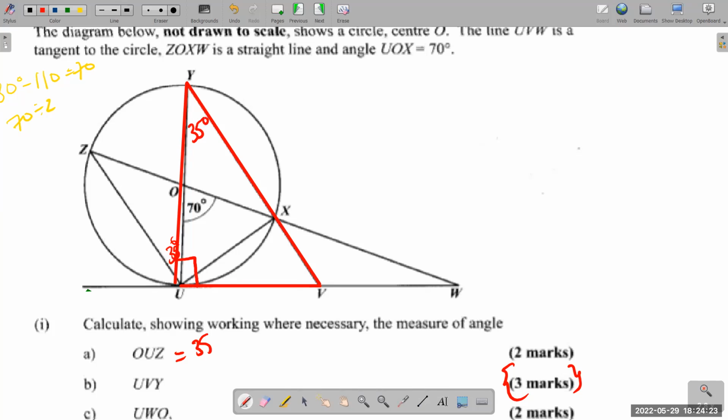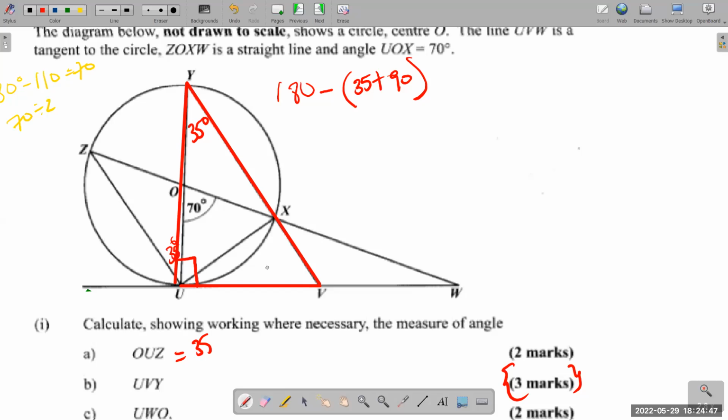How do we know this is 35, guys? Angles at the center is twice angles at the circumference. So that's 1 mark. Then you have to show that the angles in a triangle add up to 180. Now, Austin, you're putting the minus 180 in the wrong place. The 180 is always in front. It's always 180 minus everybody else. So it's 35 plus 90.